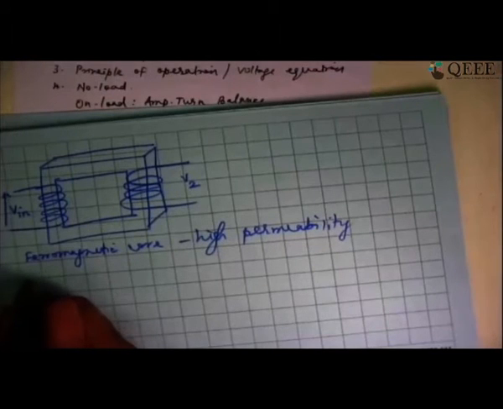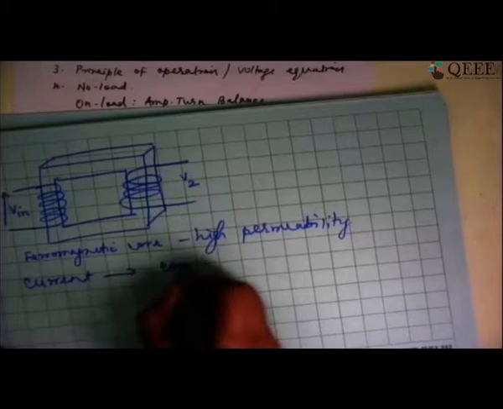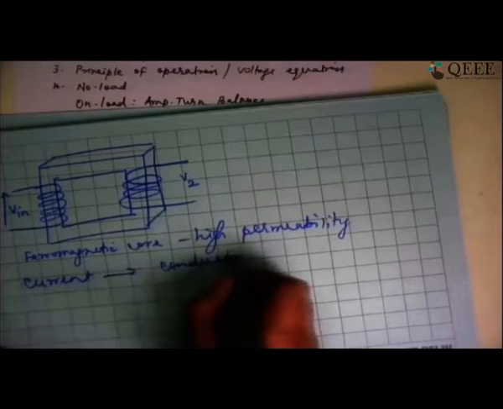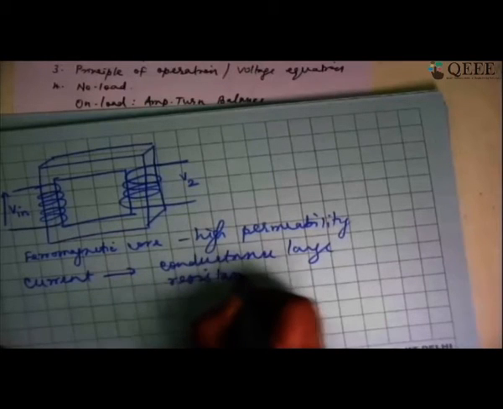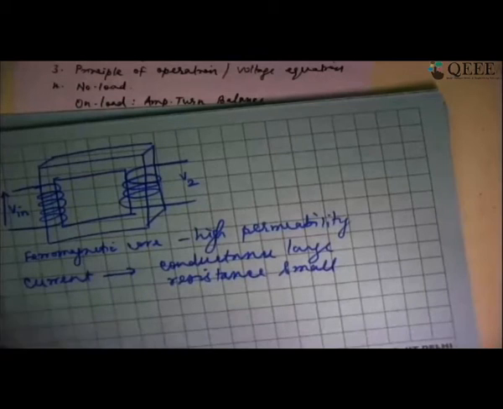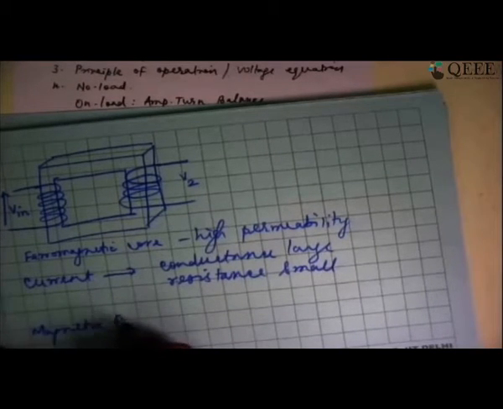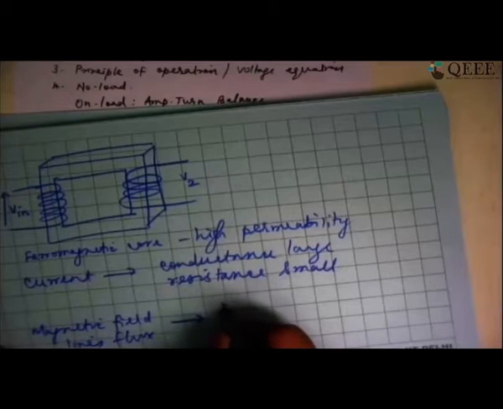So if I say electric current will pass in a large quantity if conductance is large, right? Or resistance is small. So if I talk about electric current versus voltage, the same way I can say magnetic field lines or flux, right? This will correspond to the permeability.